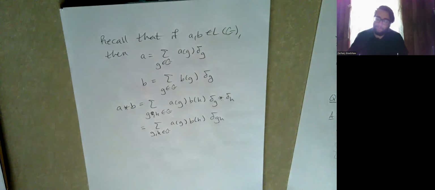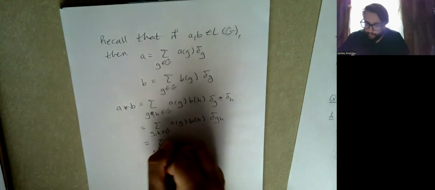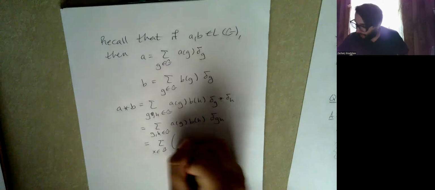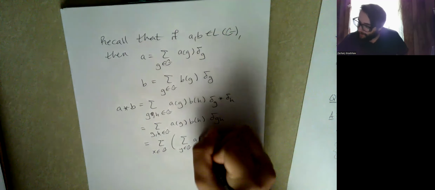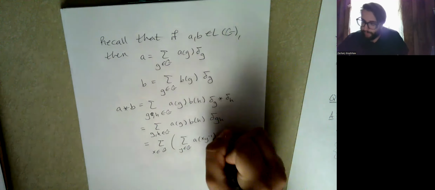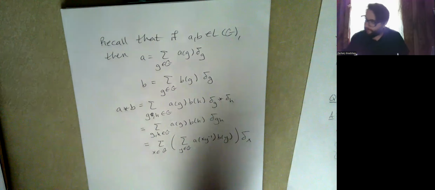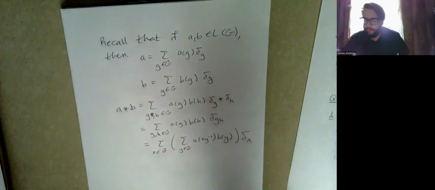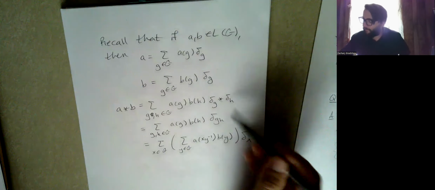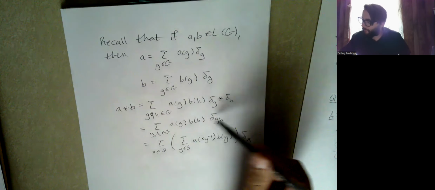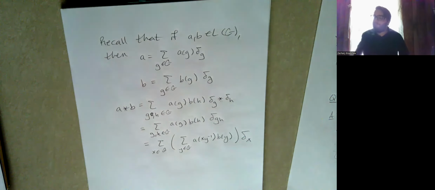And what that allows us to write is that this is the sum over X in G of the sum over Y in G of A of X, Y inverse, B of Y, delta X. So that's just a couple of substitutions here: Y equals H and X equals GH.